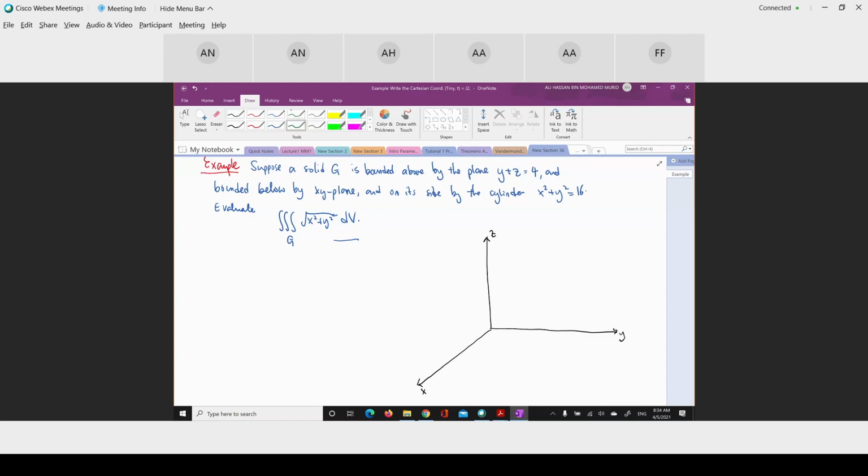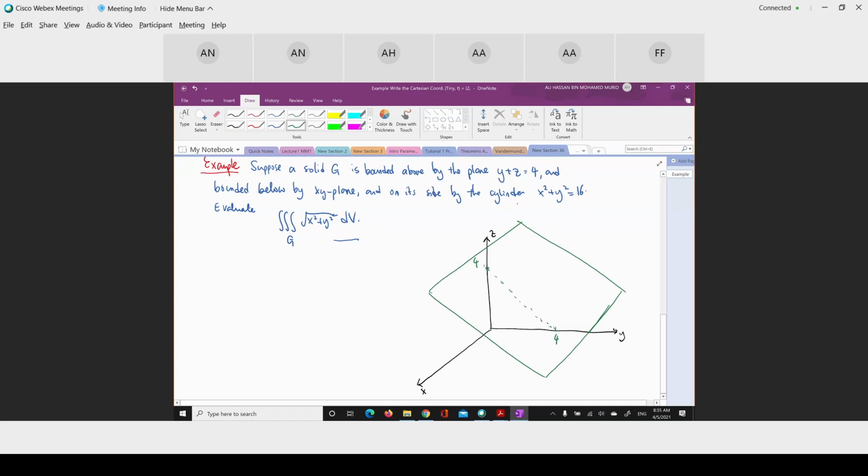On the yz plane, it is a line, right? So it is a plane containing the line and parallel to the x-axis.